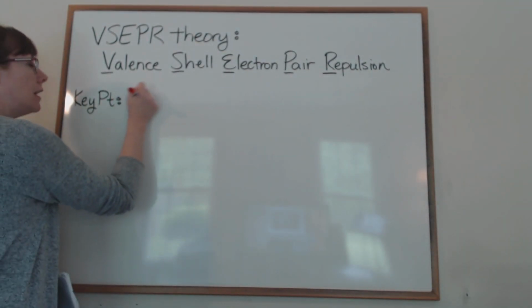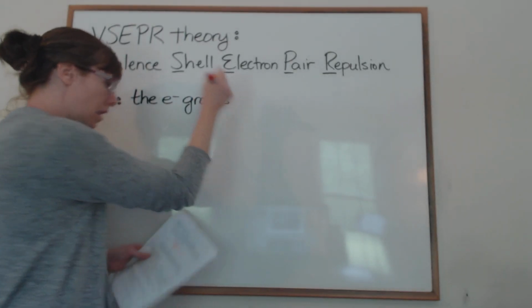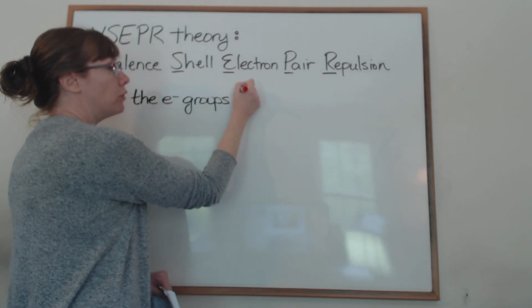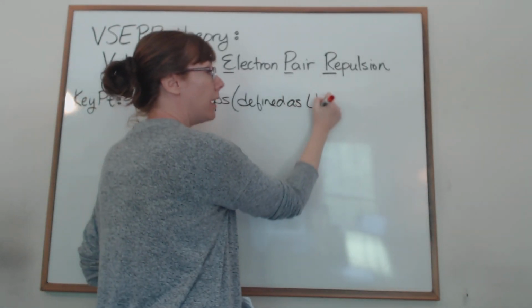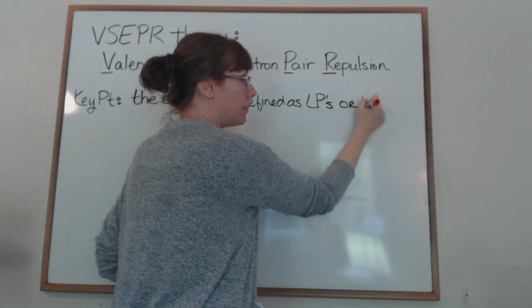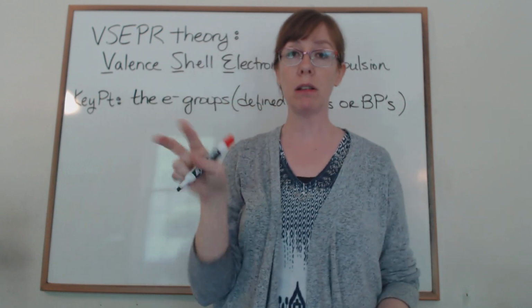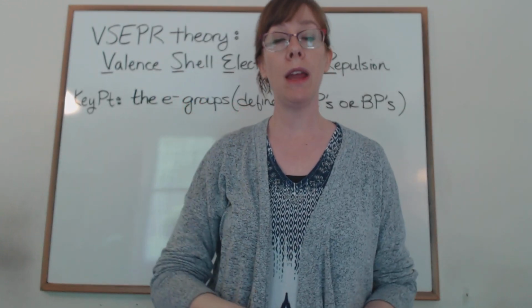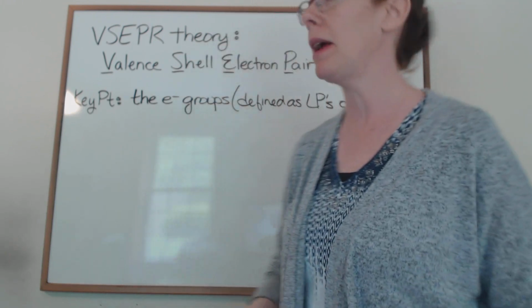So the key point of VSEPR theory is this. The electron groups, and the electron groups are defined as either lone pairs or bonding pairs. So remember, when you do a Lewis structure, you can either have lone pairs, which is the double dots, or you can have bonding pairs, single bonds, double bonds, triple bonds. Those are all called bonding pairs.